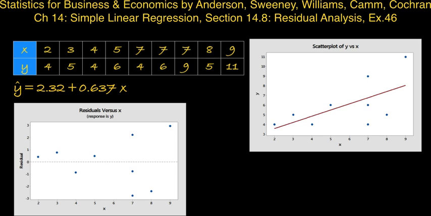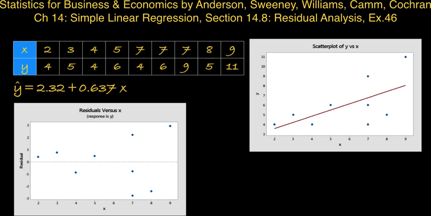And if that average stays fairly close to the 0 line, which is the dashed line on the plot, then there's no reason to doubt that assumption. And that's the case in this particular example. There's no systematic non-linear trend that we can see in that residual plot that would cause us to doubt this assumption.